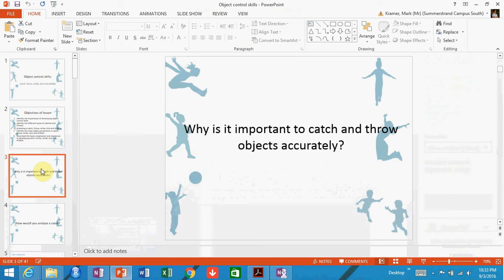Secondly, if you only really start catching balls of different densities, for example, a cricket ball versus a netball ball versus a volleyball, tennis ball and so forth, that can cause you to get injured, especially in cricket. If you've never caught a cricket ball before in your life, and now you're required to do it, you're most likely going to get injured.